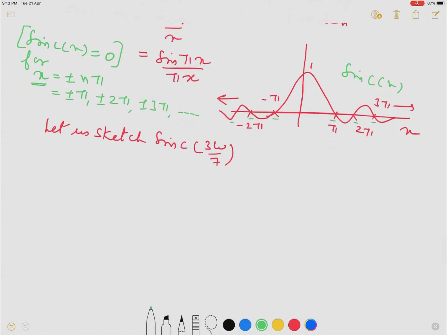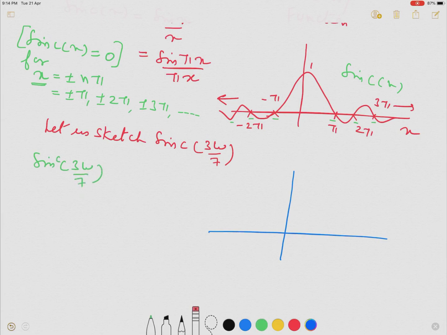Let us sketch this sinc of 3 omega by 7. So we can draw it. It will be centered at origin. Sinc of 3 omega by 7 will be 0 when 3 omega by 7 equals plus minus n pi, or we can say when omega is equal to plus minus n times 7 pi by 3.